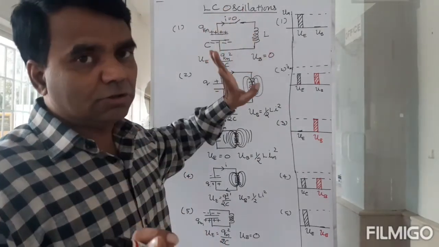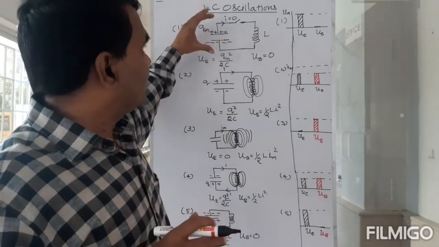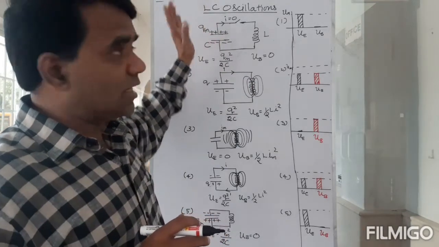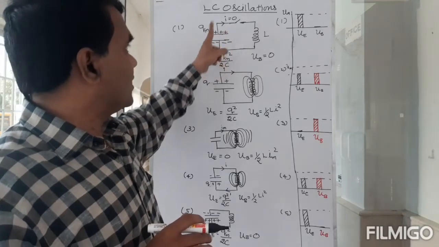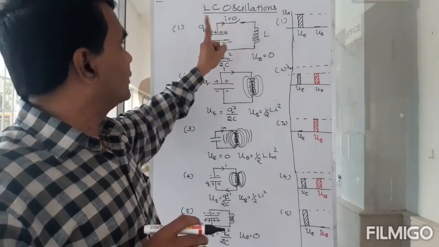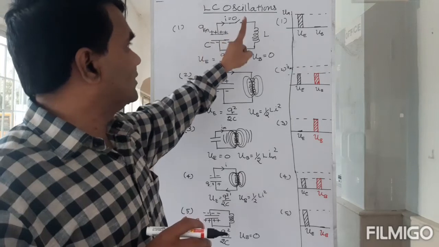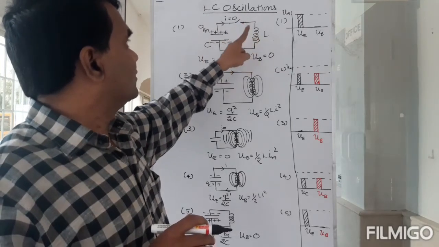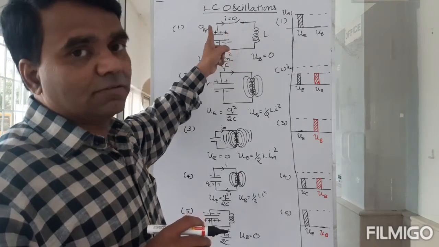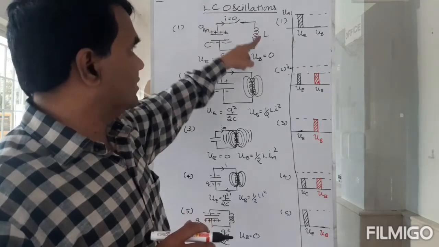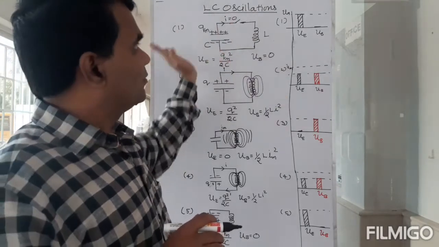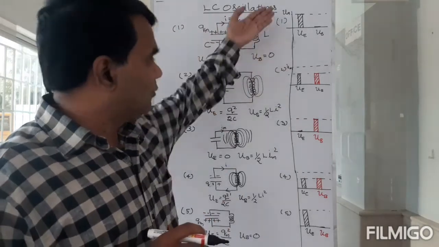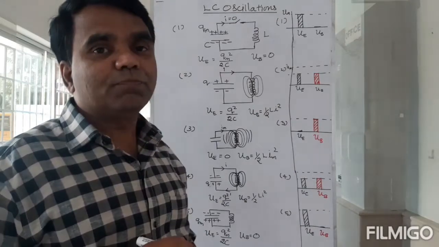then energy will shuttle between the capacitor and the inductor. It will go to the inductor from the capacitor and from the inductor to the capacitor, and capacitor to the inductor, from the inductor to the capacitor. So it will be shuttling between these two things, and you will be having graphs like this.